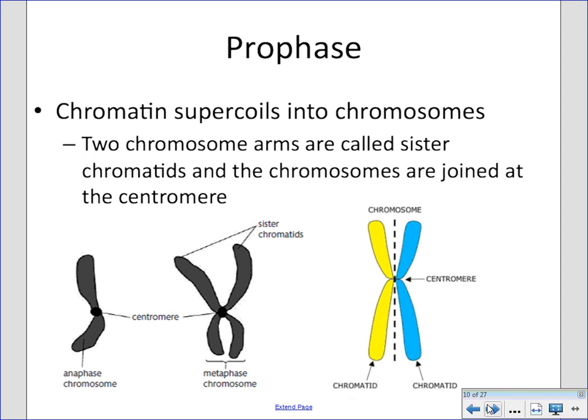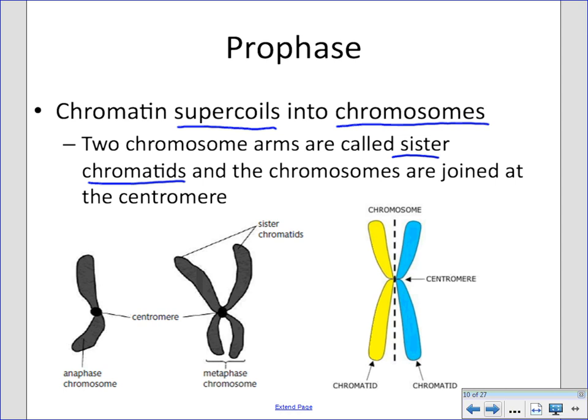So looking in detail at the specifics of each step of mitosis. The first step in mitosis is going to be prophase. And this is where the chromatin supercoils into those chromosome structures, so that DNA condenses into chromosome structures. Two chromosome arms are generally going to be referred to as sister chromatids.